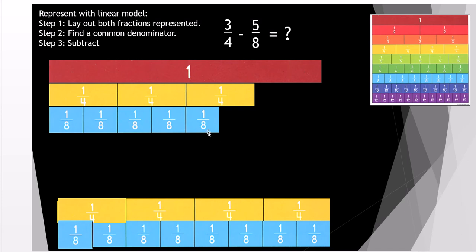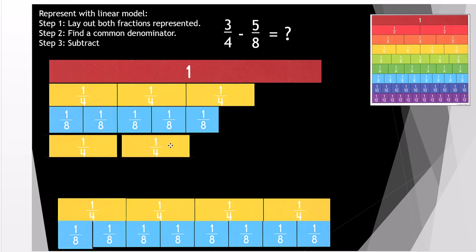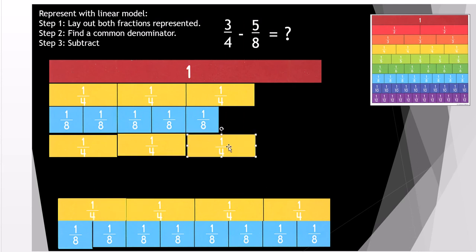And now we can find a common denominator. How are we going to find that? So let's see. Can 4 be our common denominator? See, it's too big for 1/8. So if we did have 3, it would be too many. So that one can't be it.